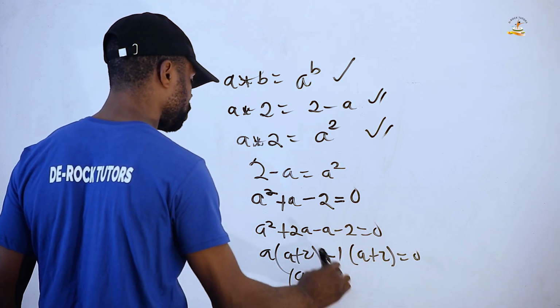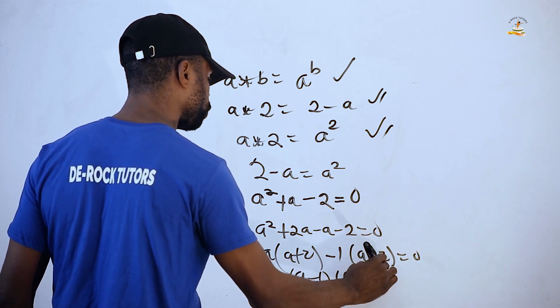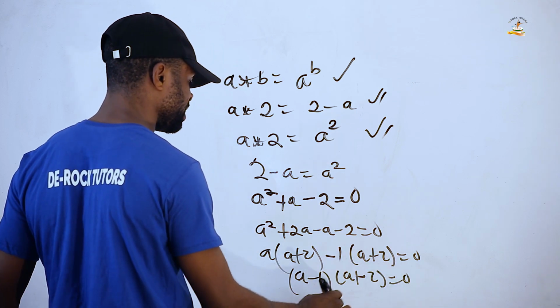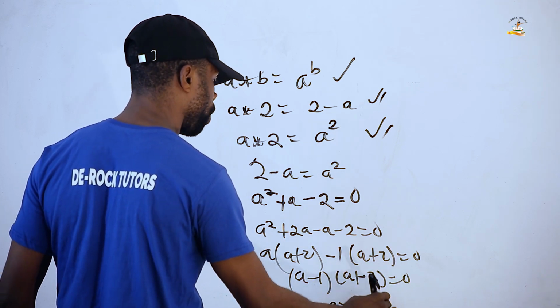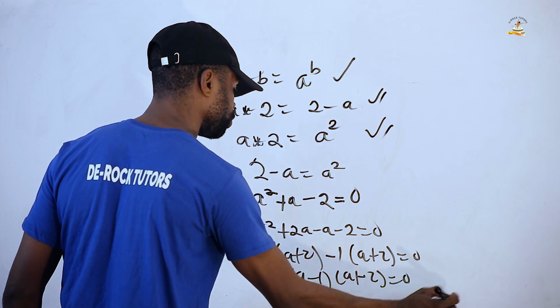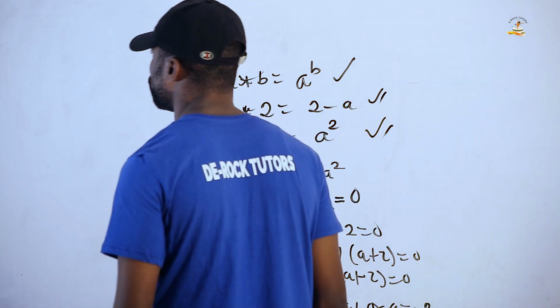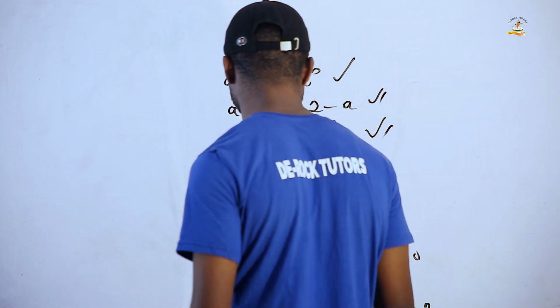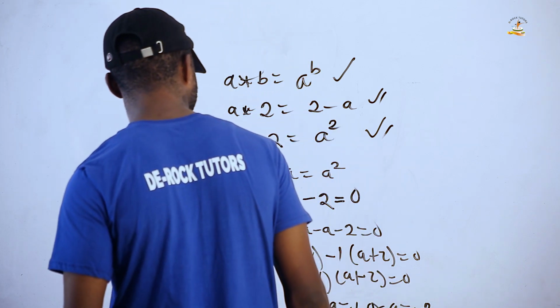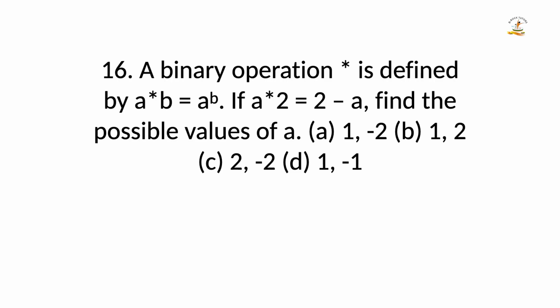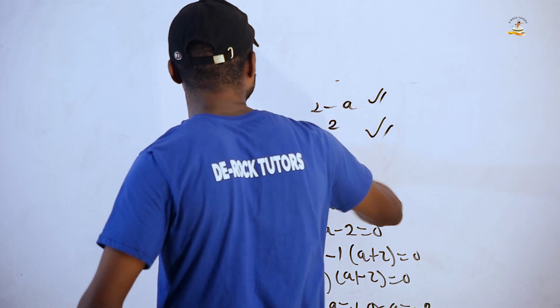A minus 1 into A plus 2 is equal to 0. In this case, A is equal to 1 or A is equal to minus 2. Therefore, the possible values of A are 1 and minus 2. So 1 and minus 2 is in option A, and that is the correct option.